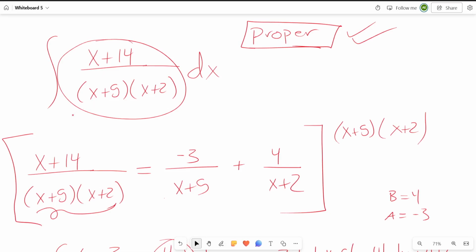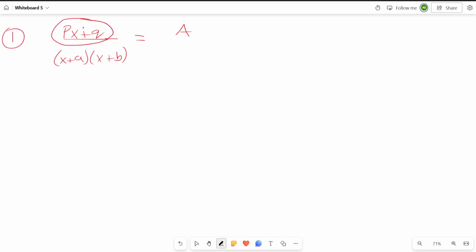So for our first form, let's write them over here. So our first case, when we have something that looks like this, so px plus q over x plus a times x plus b, let's say, okay? This I can rewrite just like what we did. And also I don't want you to pay a lot of attention to this px plus q.